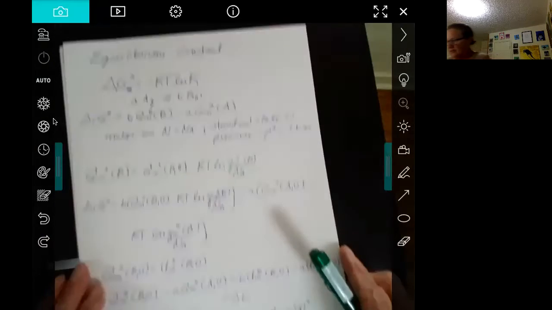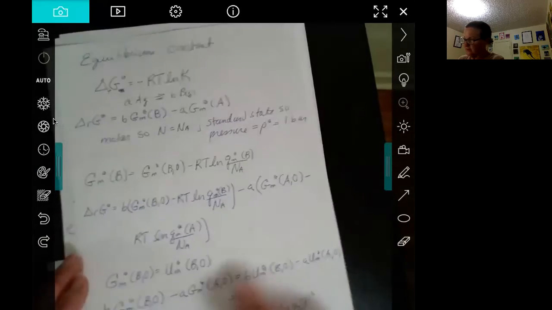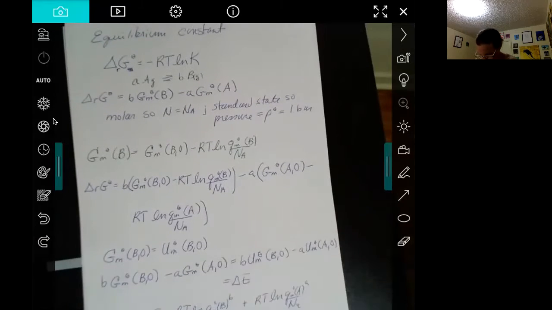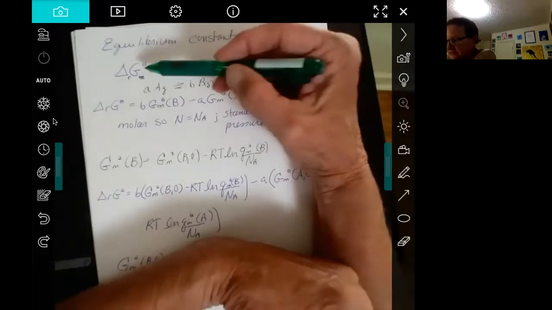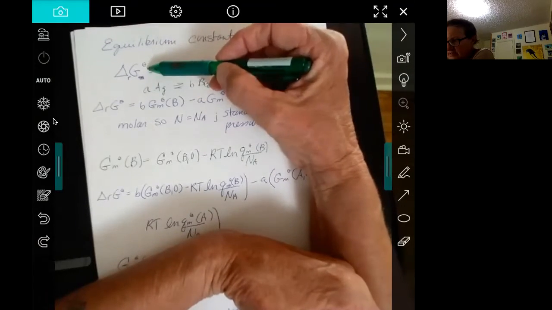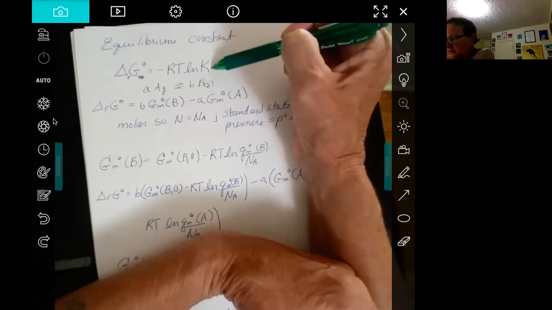So we're going to use that equation, and this will be something you want to pay close attention to, and you can go back and listen to it. We remember from Gen Chem and from our thermodynamics chapter that delta G for a reaction under standard state conditions is equal to negative RT ln of the equilibrium constant.